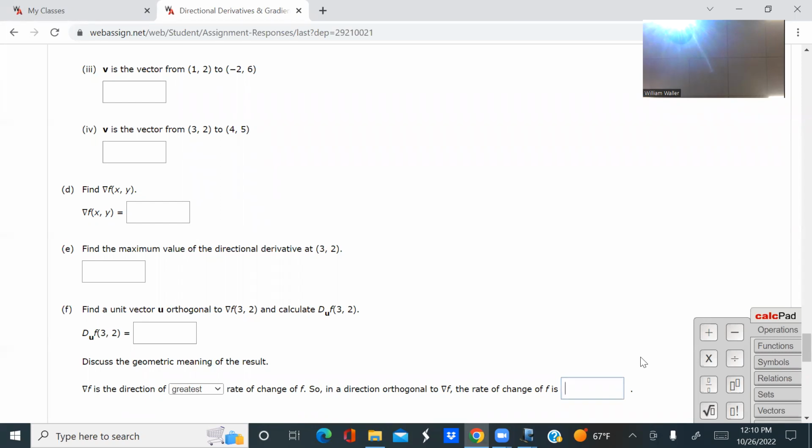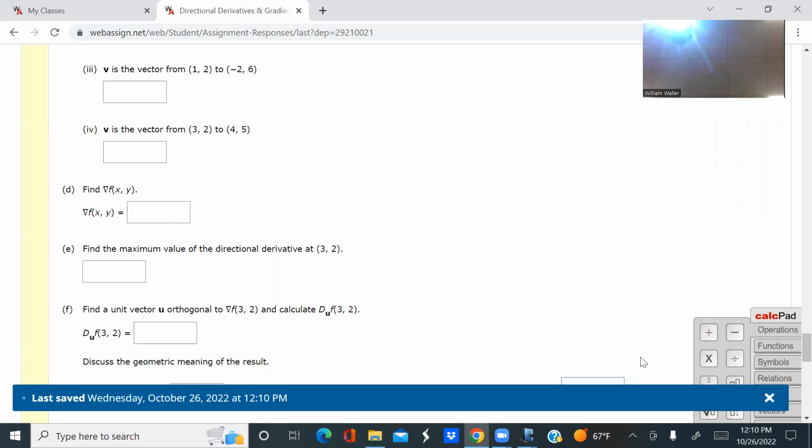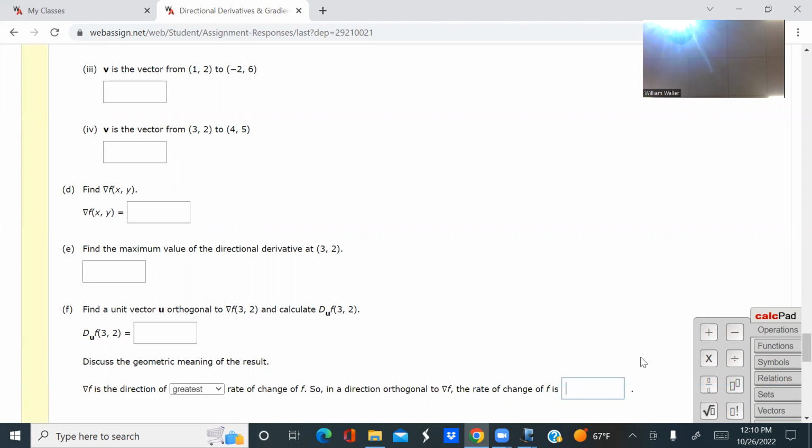If the gradient is the direction of greatest slope, then the negative of the gradient would be the smallest slope, right? But this is orthogonal. It turns out to be 0. So orthogonal to the gradient, the rate of change will be 0.